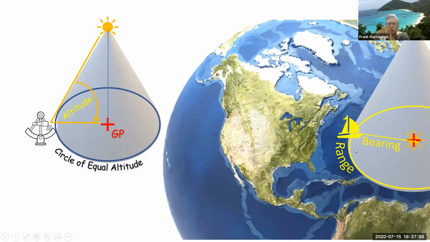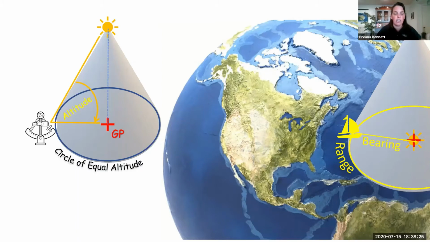Going back to simpler terms, if we don't have something to get a range and bearing from, we're going to use a celestial body. So we need that geographic position of the celestial body, and we can get a bearing and a range. But we will call it different things. We will call it an azimuth instead of a bearing, and we will call it an altitude instead of a range. So it's not in nautical miles of range.